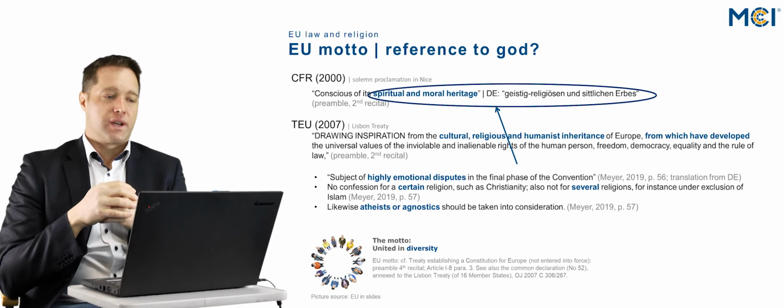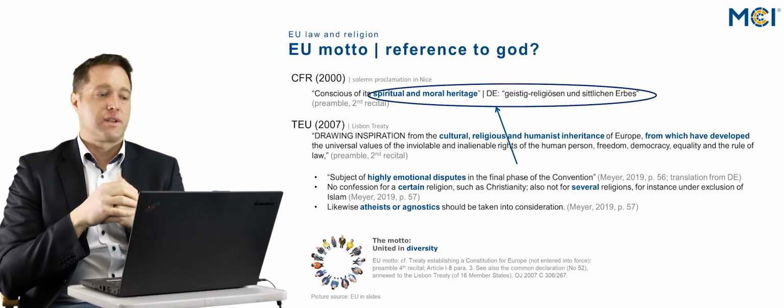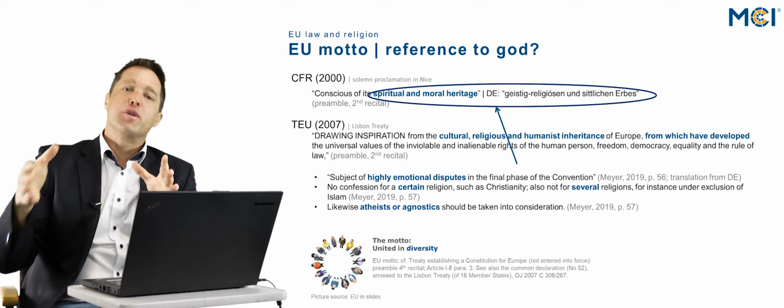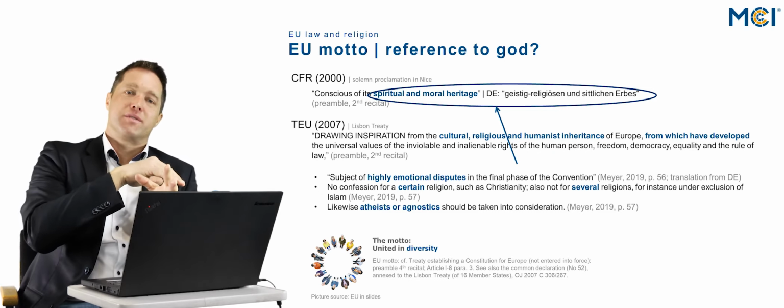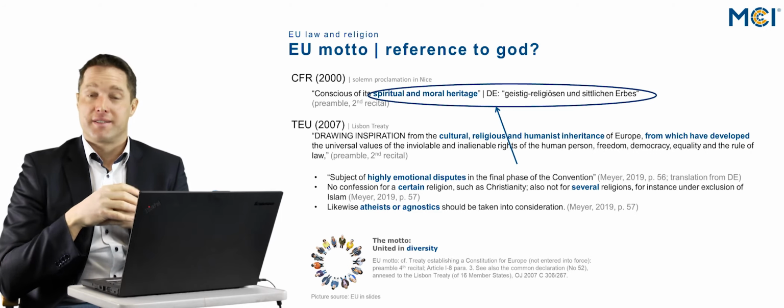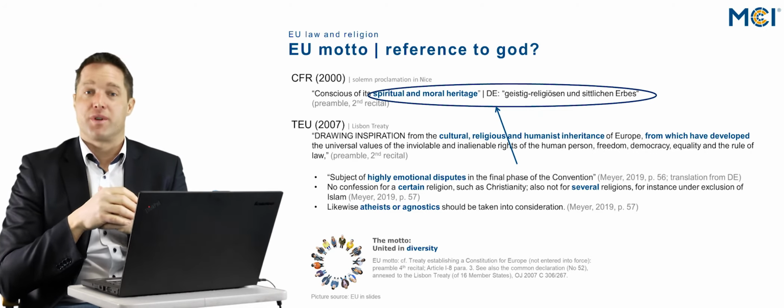Now, if we look at this spiritual and moral heritage, which is mentioned in the Charter of Fundamental Rights, it's very important to look back in history and to get to know more about the development when this wording was drafted.